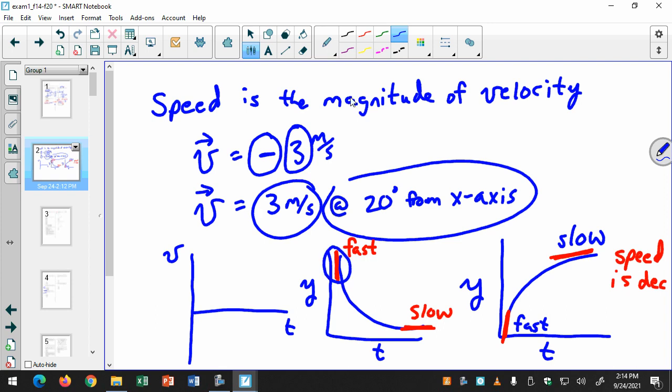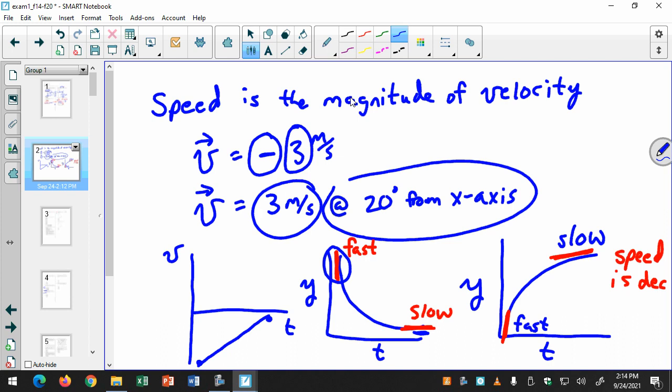And is it a big or small slope? It's a negative slope. That means the velocity is negative. And it's a big slope, which means the velocity is big. A big negative number would be right here on this graph. And then right here, it approaches 0. It gets closer to 0. So the v versus t graph for this would look like that.